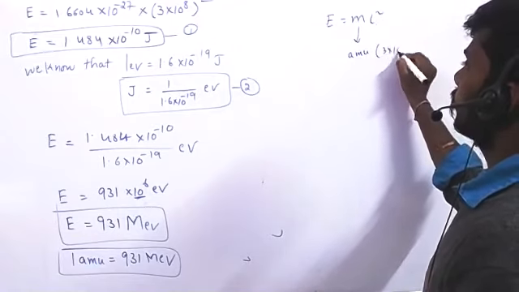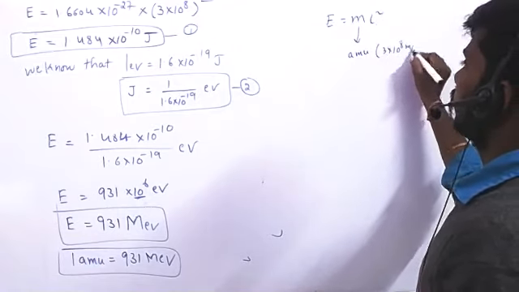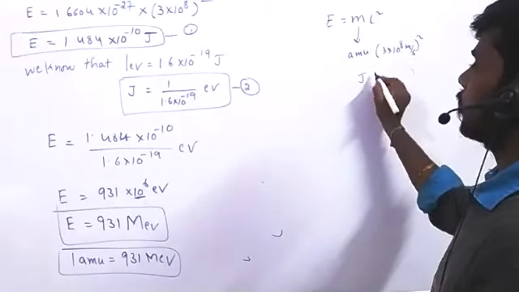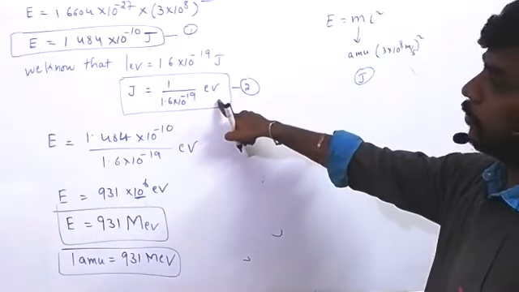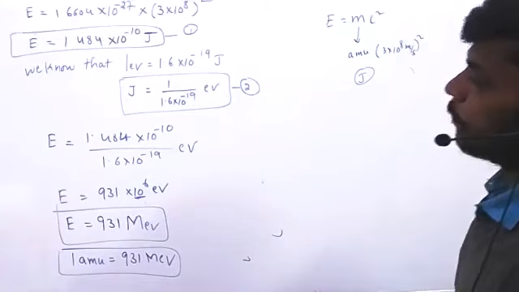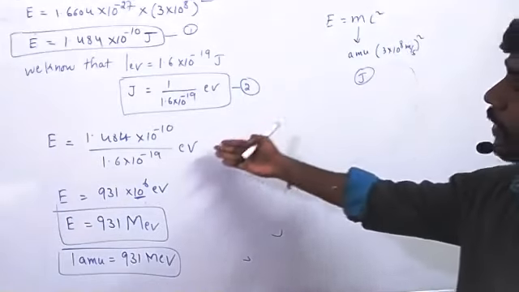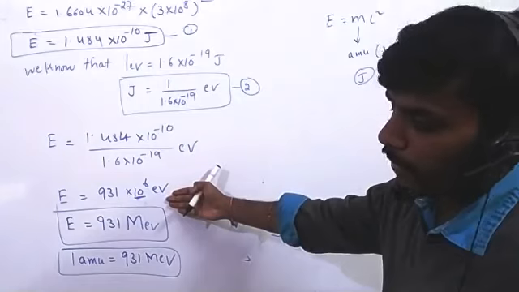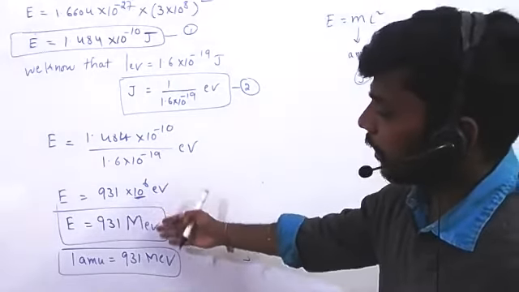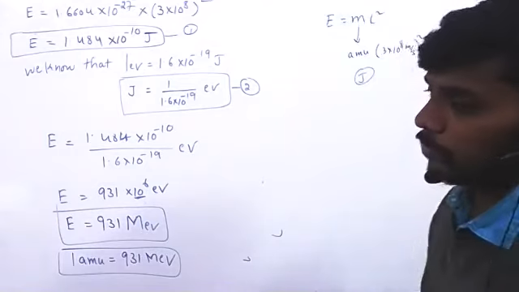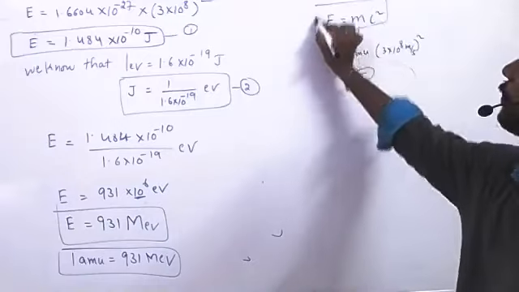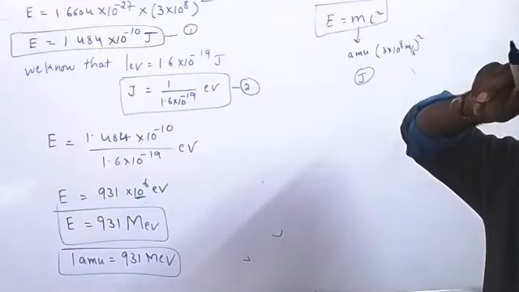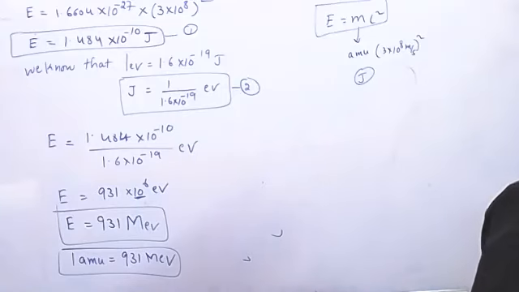Then you will get joules. In place of joule, write 1 joule equal to 1 by 1.6 into 10 to the power of minus 19 electron volt, and you will get the answer in electron volts. 10 to the power of 6 is mega, so 1 AMU is equal to 931 mega electron volts. Remember this. It gives the relation between AMU and energy.